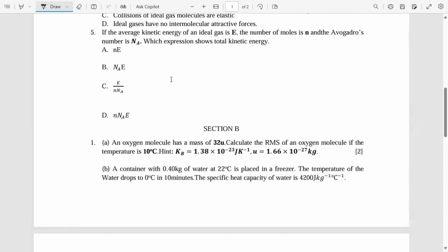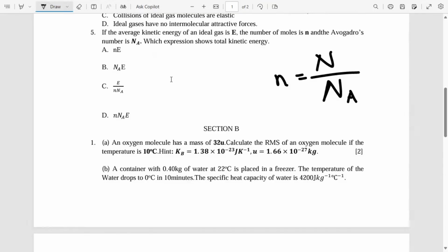Even when we want to calculate the number of moles, we say number of moles is equal to total number of molecules over the Avogadro's constant. And if you remember very well, we mentioned that the total kinetic energy is the average energy per molecule multiplied by the total number of molecules.